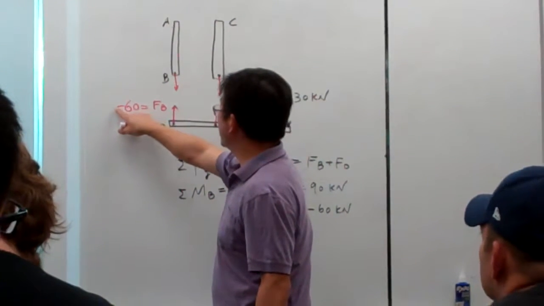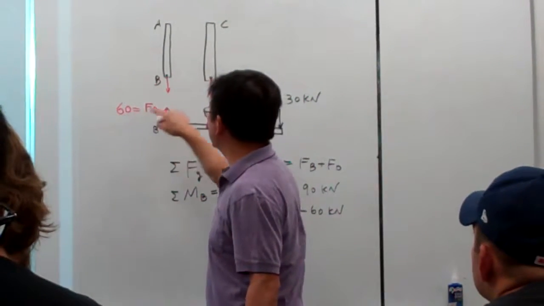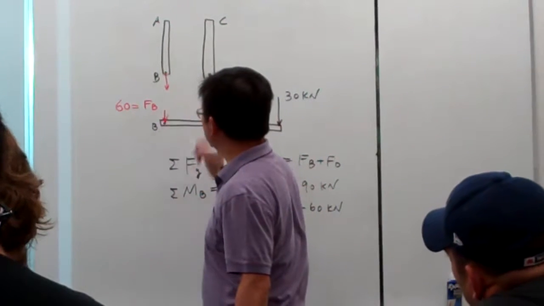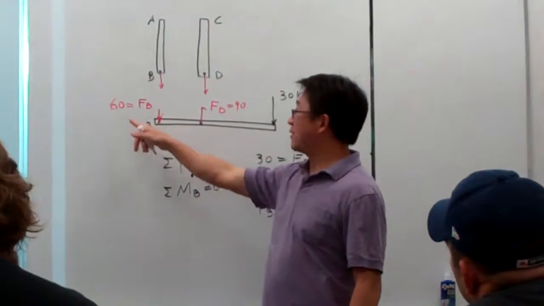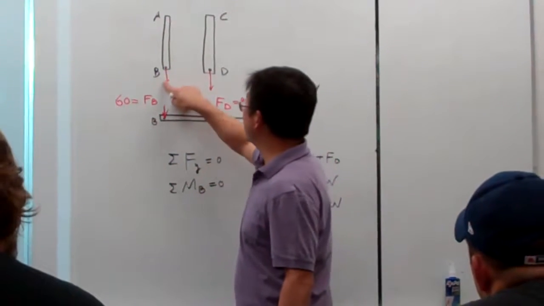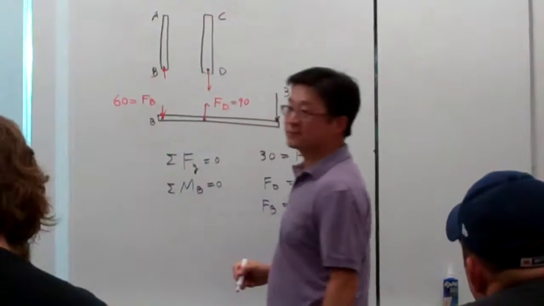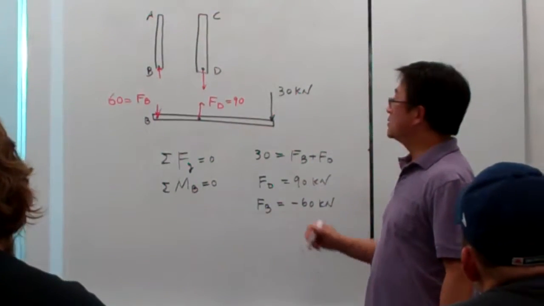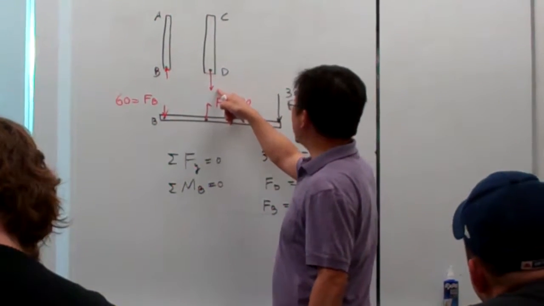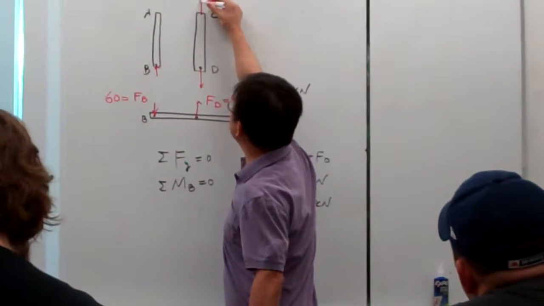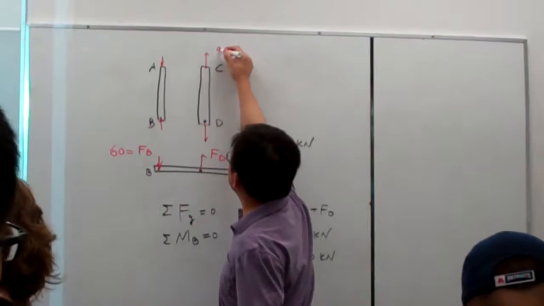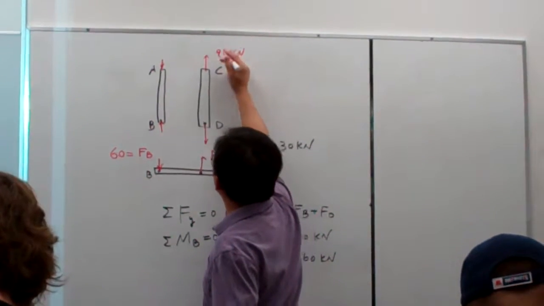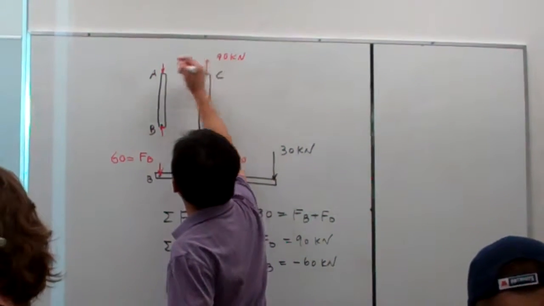So that means this is equivalent to 60 pointing in this way. We try to get our calculated numbers as positive, so we change the direction like this. On this free body diagram, by force equilibrium, this is 90 here and this is 60 here. So these are 90 kilonewtons, and this is 60.